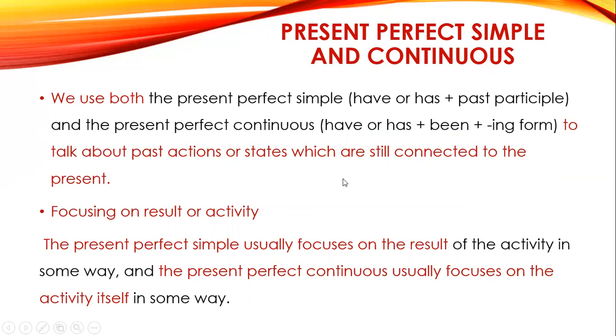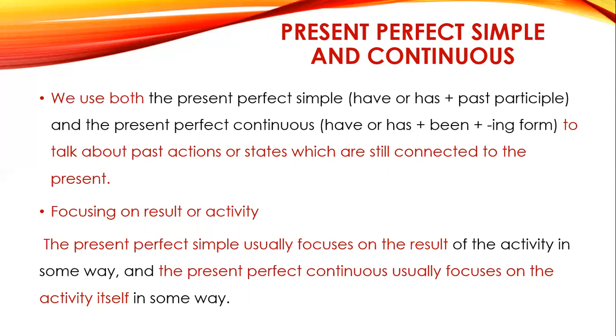So let's analyze what the difference is. Okay, in the case of present perfect simple and present perfect continuous, in both cases we talk about past actions or states which are still connected to the present. That is, an action that started in the past, but it still has a connection with the present.